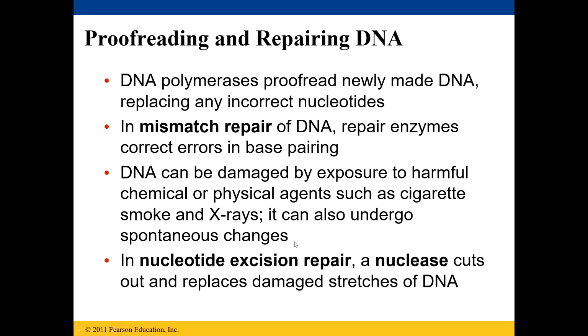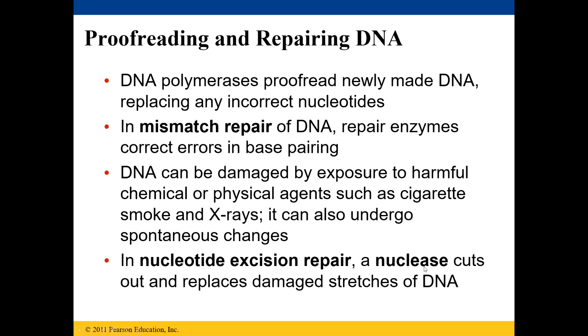What kinds of things can damage DNA and cause these changes? A lot of stuff, but exposure to harmful chemicals or physical agents, especially, I think everyone knows, cigarette smoke is a huge carcinogen that causes a lot of different kinds of mutations. And X-rays, we don't want too much exposure to any kind of radiation. So in nucleotide excision repair, a nuclease, what is that?